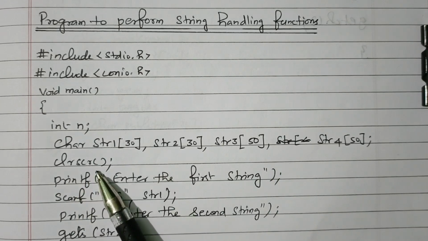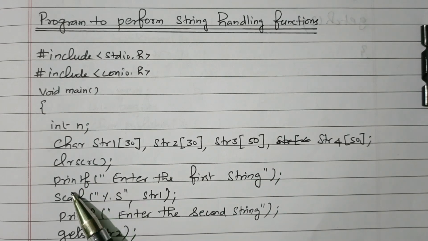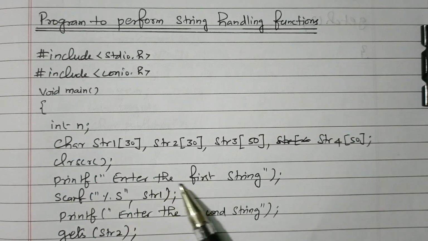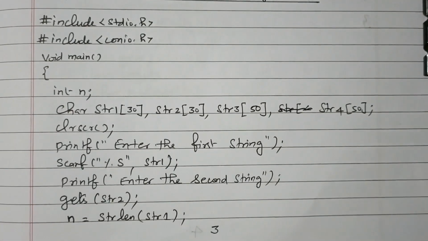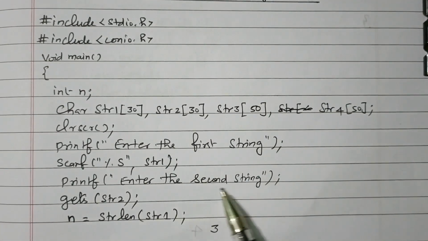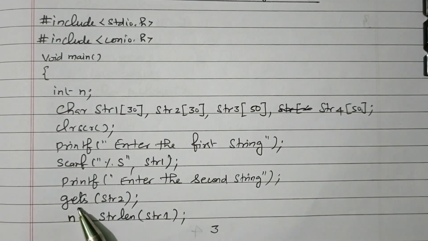Then clear screen. Then we ask the user to enter the first and second string. Printf, enter first string. Scanf percentage s, str1. The first string entered by the user is stored in str1. Then we go to the second string. Printf, enter second string. Gets, str2.